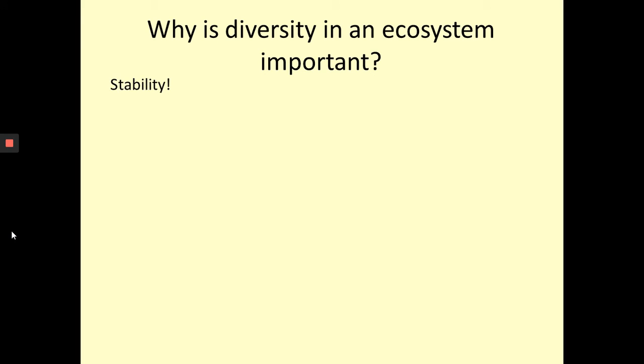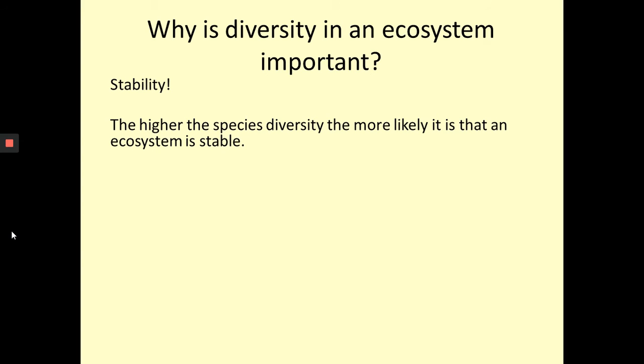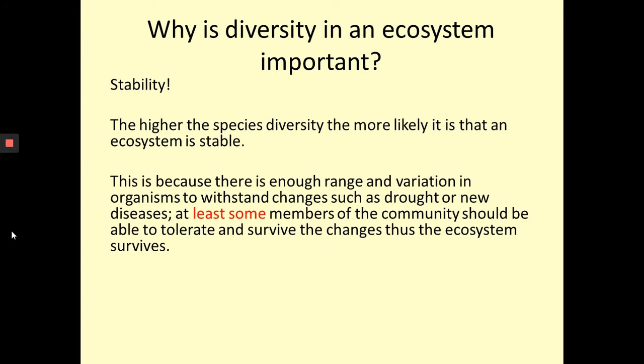Why it's important? Simply, stability sums it all up. What I mean by this is that the higher the species diversity, the more likely it is that an ecosystem is stable, which means it can withstand change. This is because there's enough range and variation in the organisms, and in each individual species as well, to withstand selective pressures.